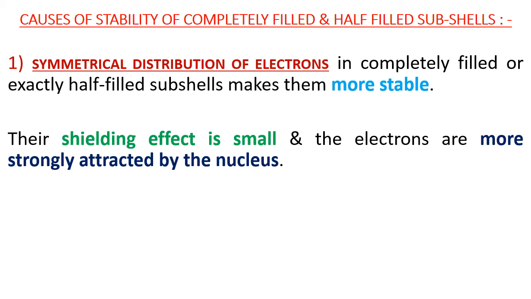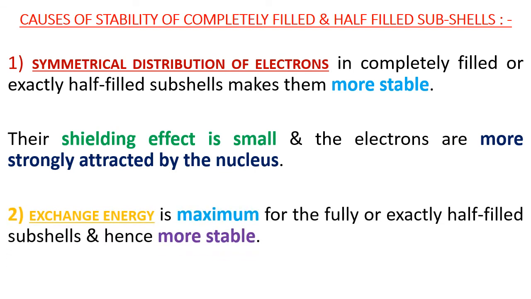Hence they are more stable. The second cause for stability of completely filled and half-filled orbitals is exchange energy. Exchange energy of completely and half-filled subshells is maximum, hence they are more stable.